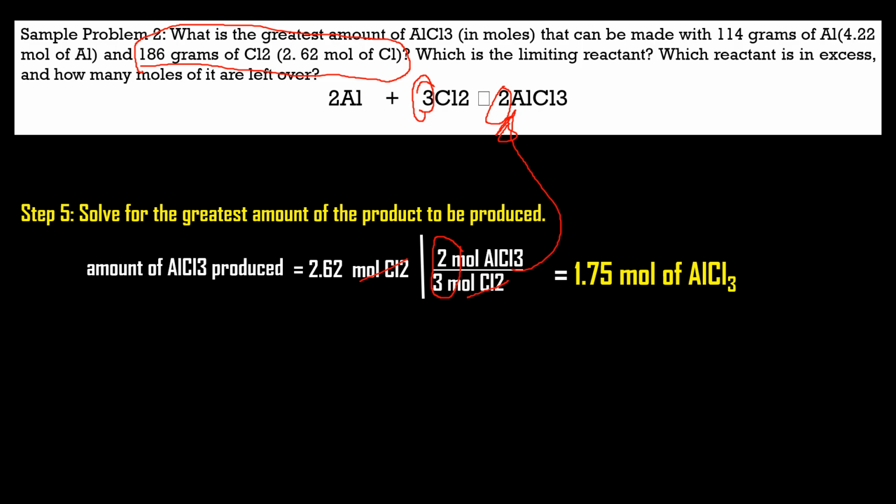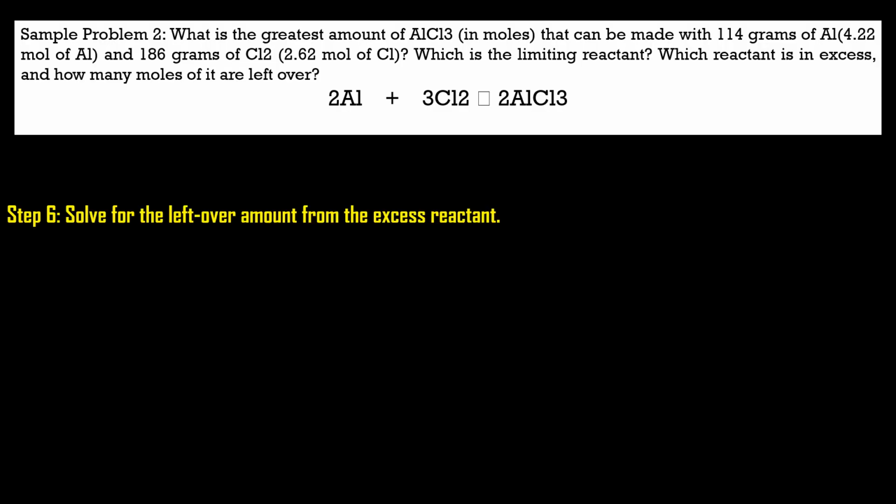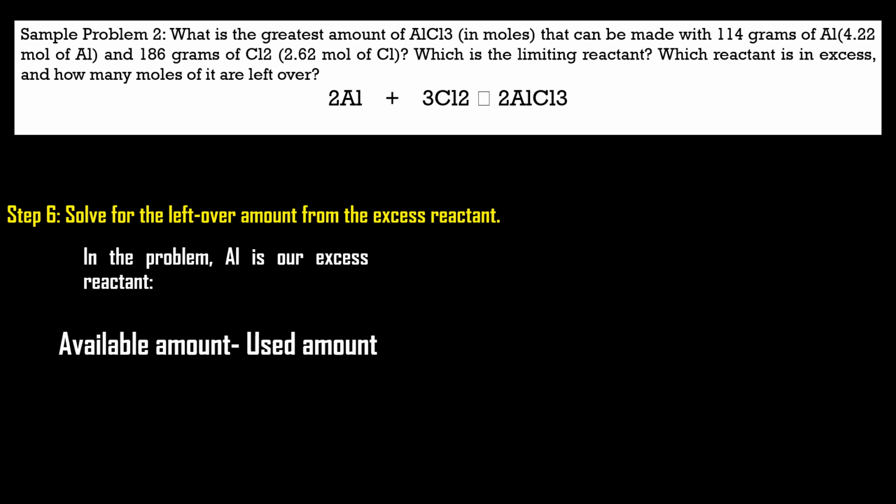So for step number 6, we need to solve for the leftover amount from the excess reactant. And based from our problem, we have aluminum as our excess reactant. And to solve the leftover amount of aluminum, we just simply need to subtract the used amount from the given or available amount based from the given problem.